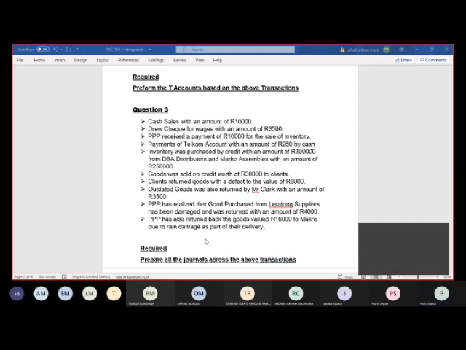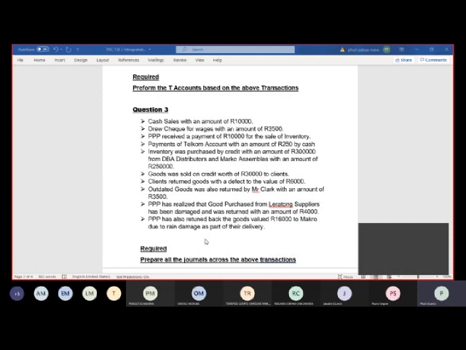Sales returns will be affected. So you're going to have your trade debtors, sales returns, as well as your VAT output. The 3,500 will go to your trade receivables, and the sales returns will be the difference between 3,500 and the VAT, and the VAT will stand with its own amount.